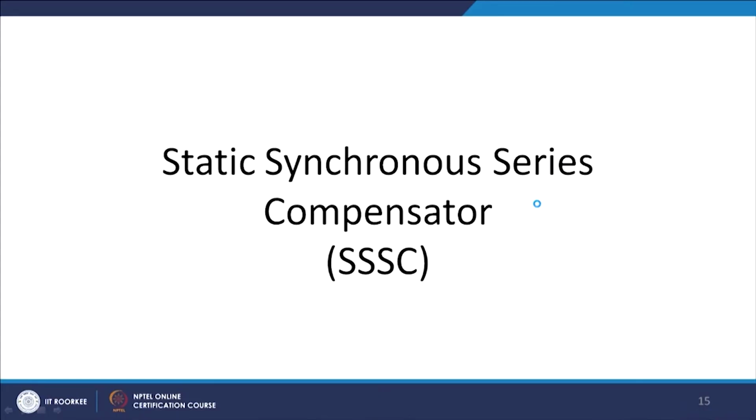Now, let us go to the discussion on another static device of series type called the static synchronous series compensator. It is almost equivalent to the STATCOM, but it has a series compensation. So, it is SSSC. So, what does it do?